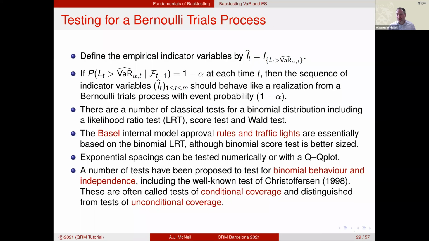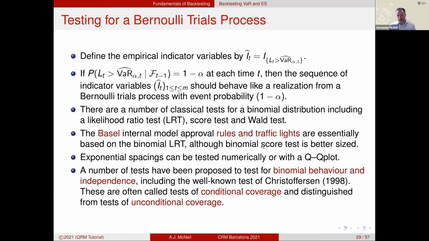And if it's red, then that is very suspicious. And that traffic light system has been set by using a binomial likelihood ratio test, actually by using the p-values of a binomial likelihood ratio test. So the Basel rules are based on a binomial likelihood ratio test.